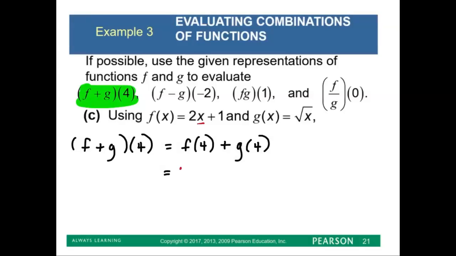So f(4) is simply 2 times 4 plus 1, which is 9. Okay. And then g(4), I'm going to replace x in g with 4. So I'll have the square root of 4, which is 2. 9 and 2 makes 11.